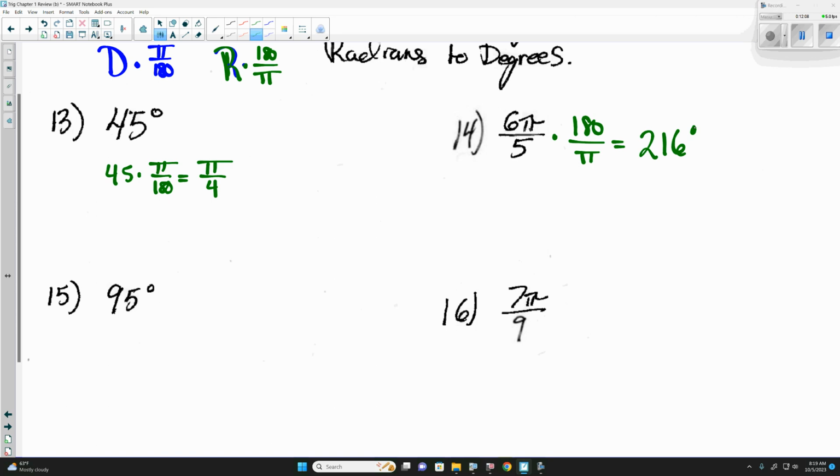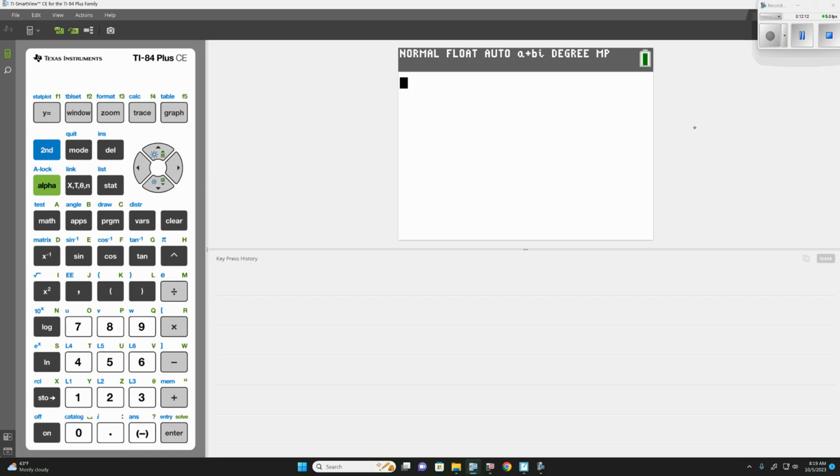Questions on any of this here? So, alpha y equals, enter 6 pi over 5. There is a way to convert this to radians in the calculator, but I'm going to show you how to do it.